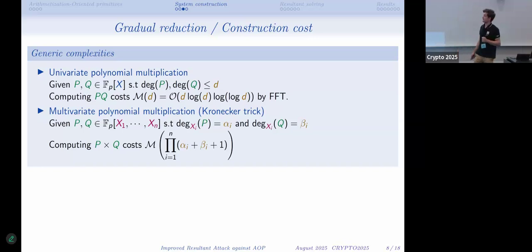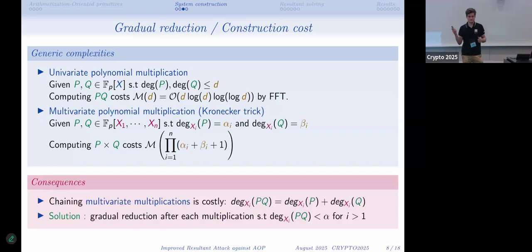It turns out the complexity is related to the product of the sums of the partial degrees, and we clearly see that if we chain multiple of these polynomial multiplications, which we will do because we have multiple rounds, the cost will become even more than exponential in n because these sums of partial degrees will also increase. So what we would like to do, and is quite intuitive, is try to bound these multivariate degrees. So all these extra variables that we have, we want them not to increase too much in degree.